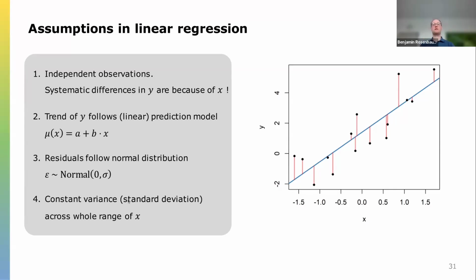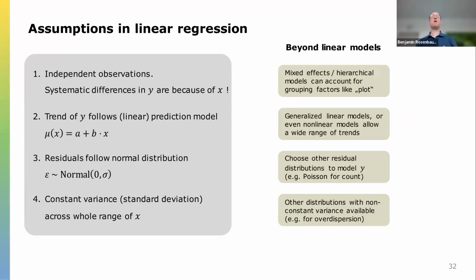So these are classical assumptions of linear models. However, there are workarounds or modeling approaches in case one of these assumptions is not met. For instance, if your observations are not completely independent, you can use mixed effects or hierarchical models for accounting for this. If your trend does not follow a linear prediction model, there are generalized linear models or even nonlinear models where you can fit curves or other types of associations.